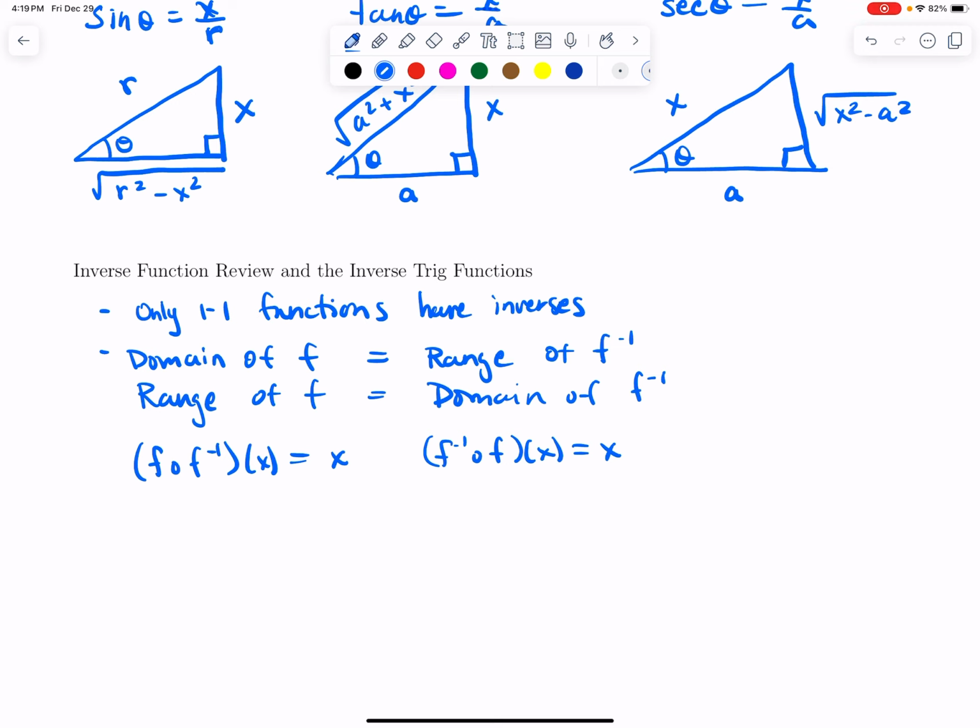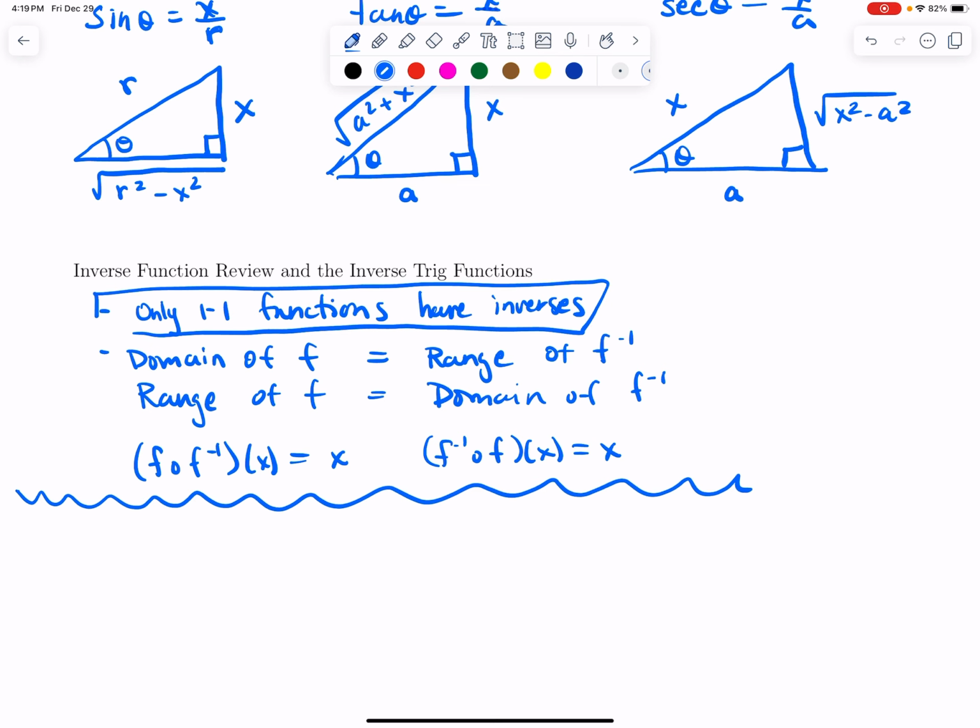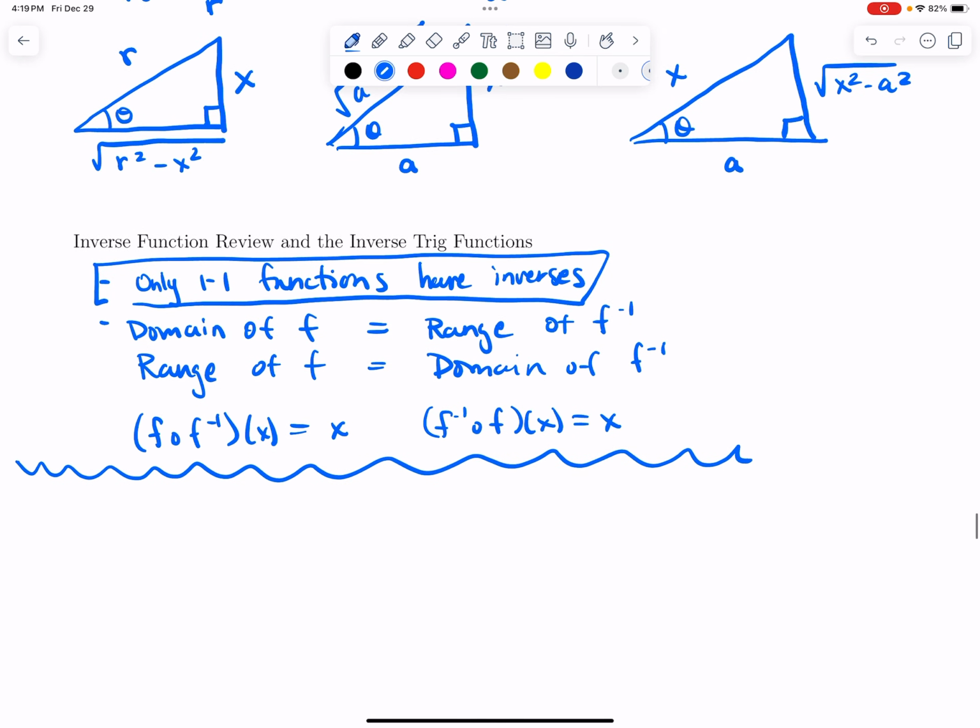All right, so we have talked before about inverse trig functions, but we also know that trig functions are not one-to-one, right? They're not one-to-one on their domain. So when we are discussing inverse trig functions, we are doing that on restricted domains.